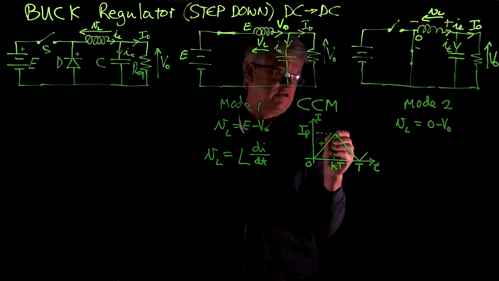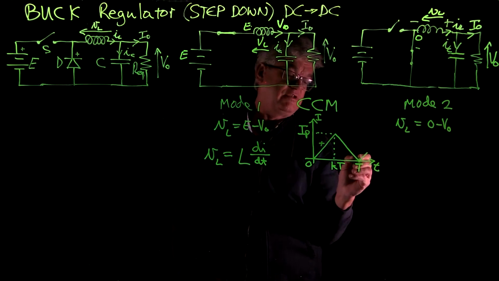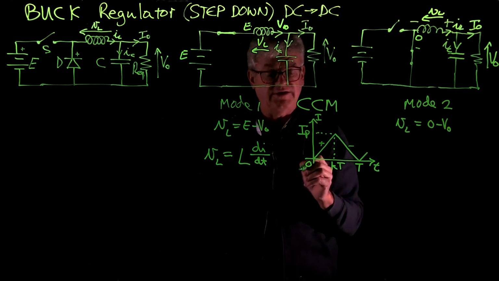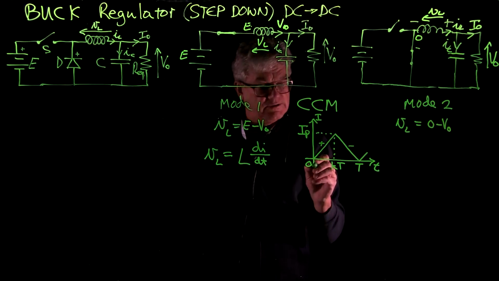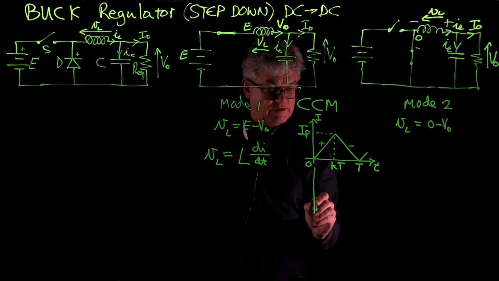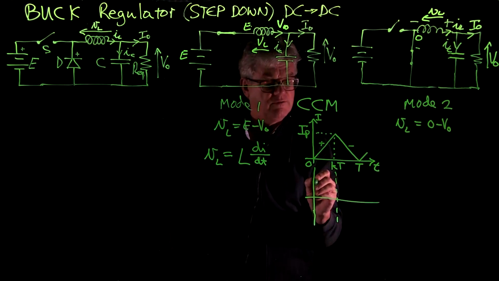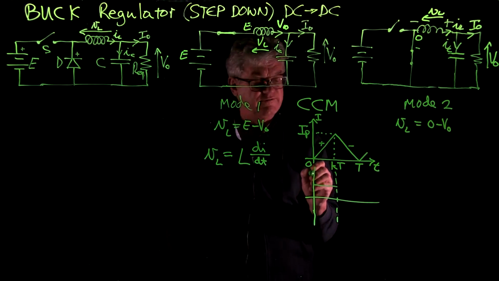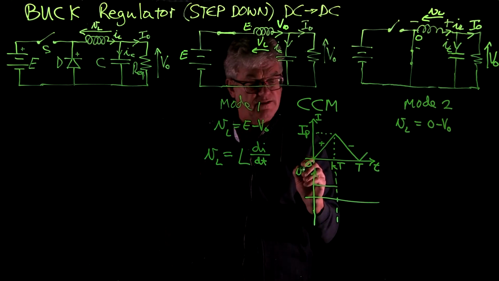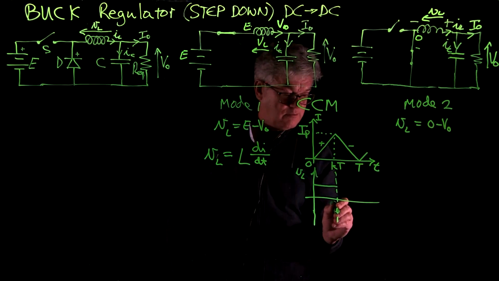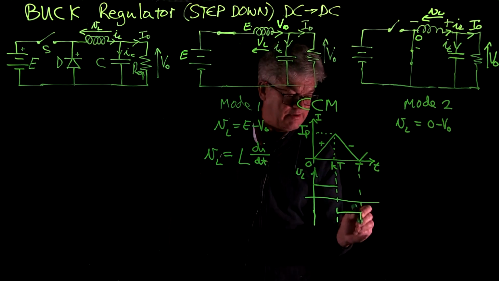And the voltage that corresponds to this negative slope here will be negative. So if we sketch this waveform here, we'll see that it will be positive there, where this is VL, and it will be negative during that period there.